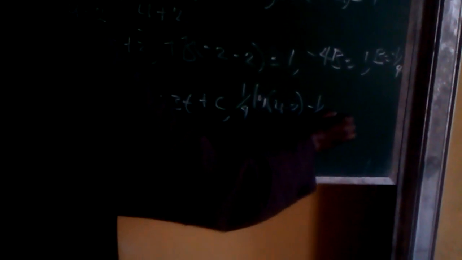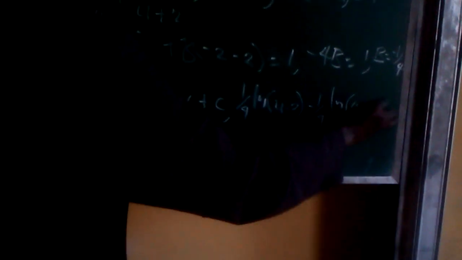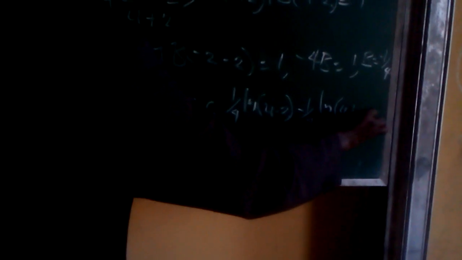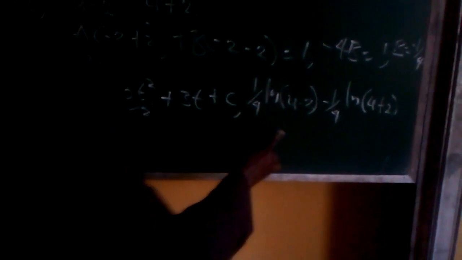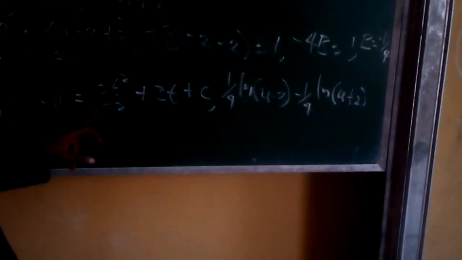So it is (1/4) ln|u − 2| minus 1/4. The same thing, if you differentiate u, you get 1. The minus sign is also there, and that gives you minus ln|u + 2|. And that will be equal to what you have here.